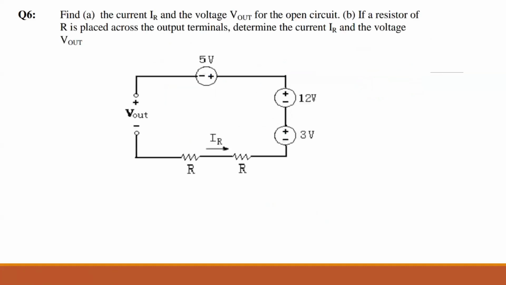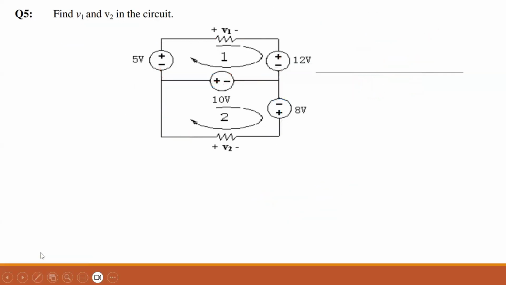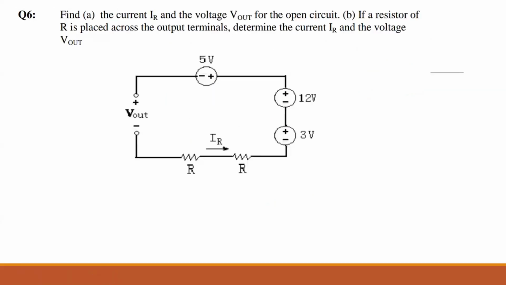Now the next one. So far, in all the questions, you had the positive side and negative side to apply the KVL. But in some cases, you don't get the positive and negative for the resistors. When it is not given, what you have to do is consider that the current is always coming into the positive side because they are consuming energy.